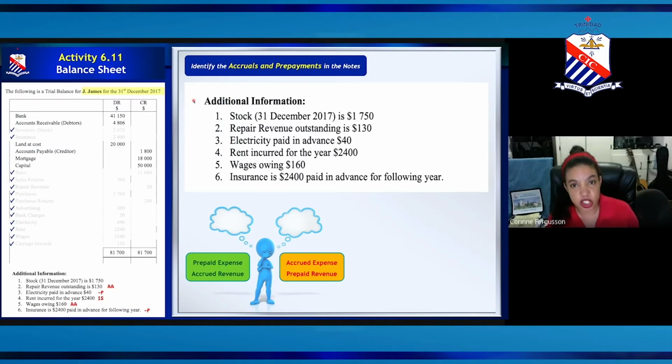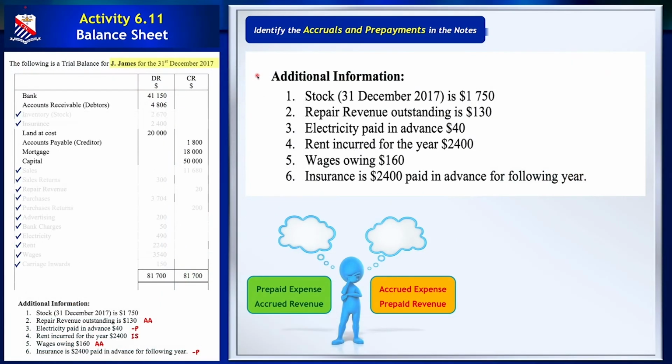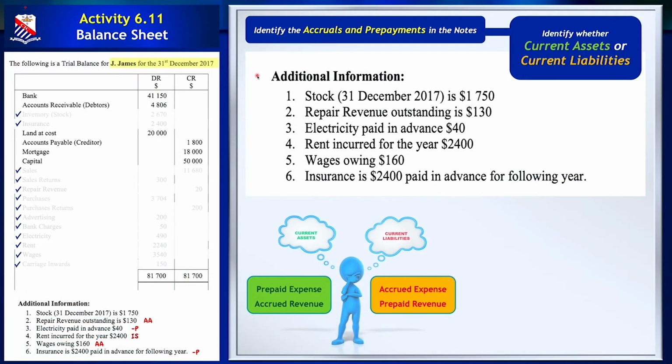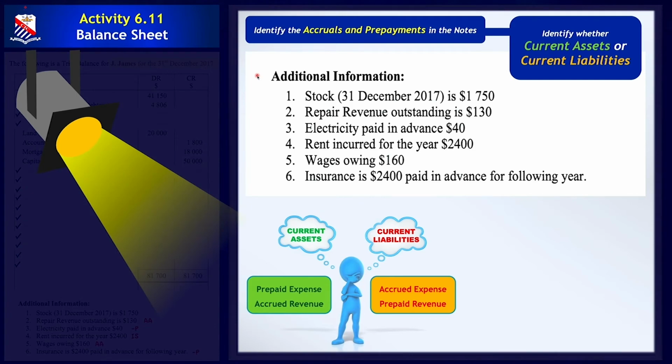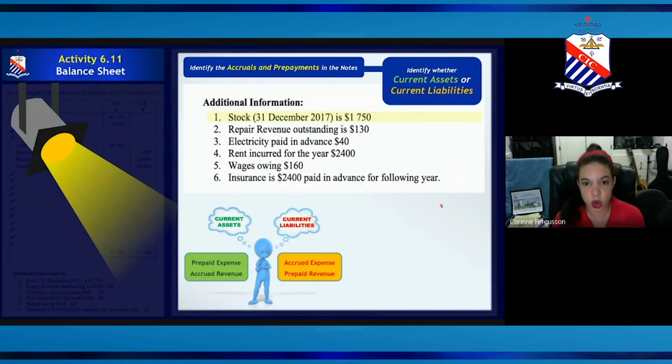So the notes usually tell you the adjustments or the accruals and prepayments. And therefore, when you identify the accrual or prepayment, then you would know whether it's a current asset or a current liability. So I'm going to show you exactly what I mean, the process again. But the first thing is, in our notes we had stock, and remember the stock is your closing inventory or your closing stock, right?